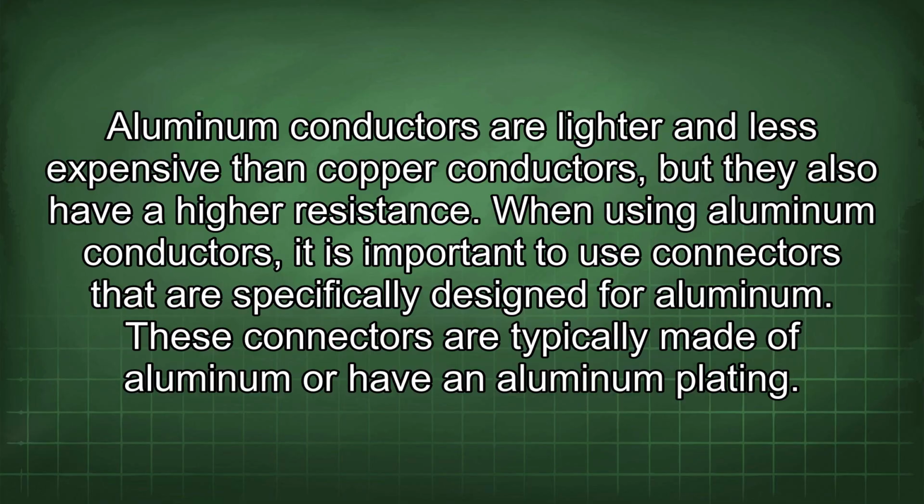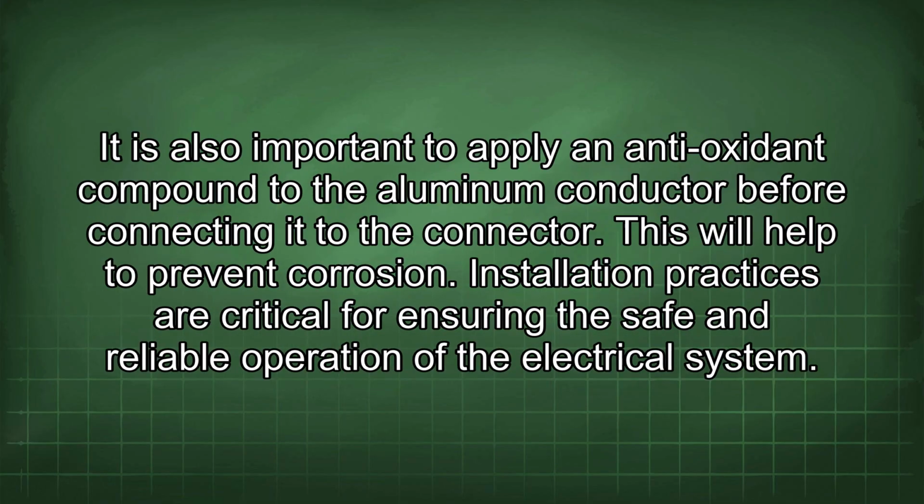When using aluminum conductors, it is important to use connectors that are specifically designed for aluminum. These connectors are typically made of aluminum or have an aluminum plating. It is also important to apply an antioxidant compound to the aluminum conductor before connecting it to the connector. This will help to prevent corrosion.